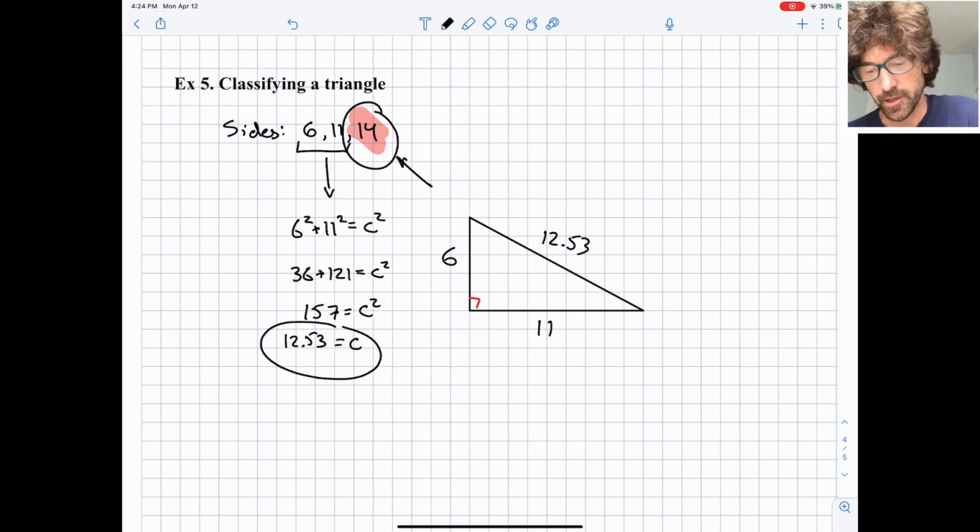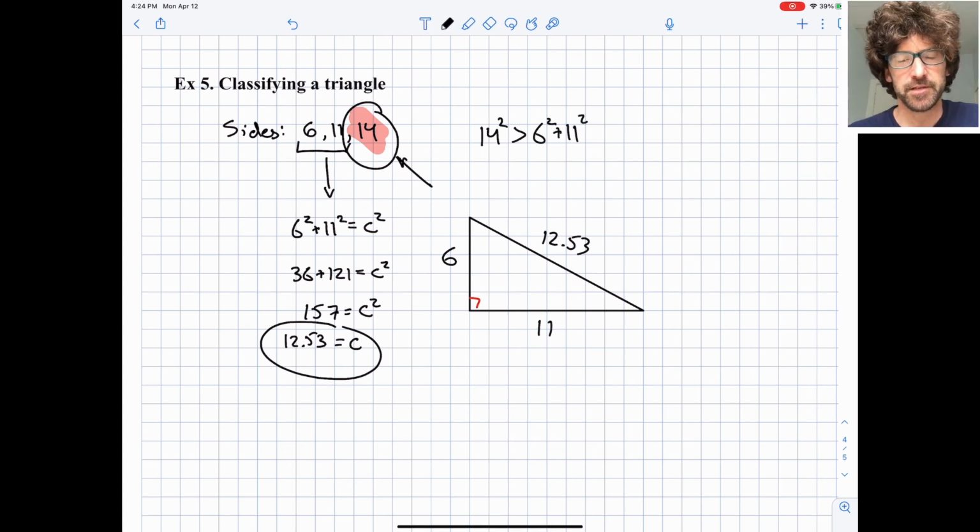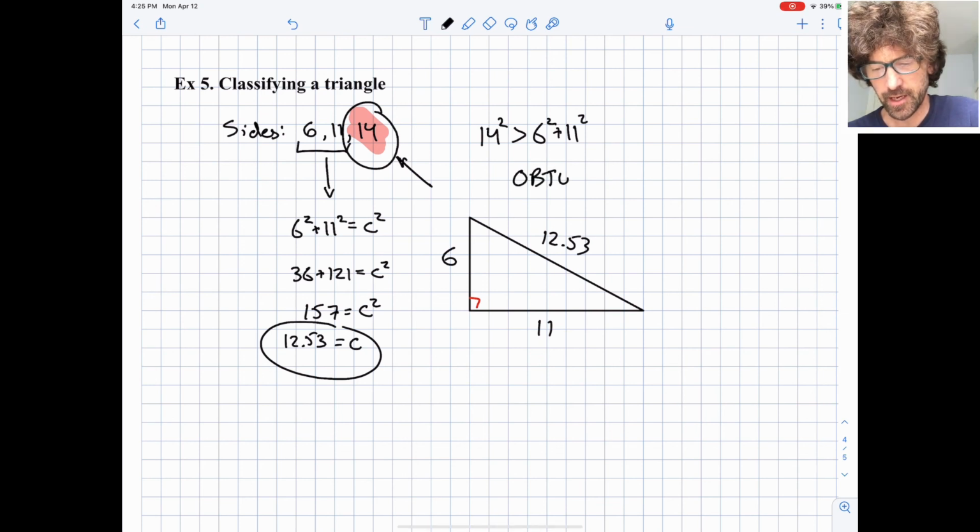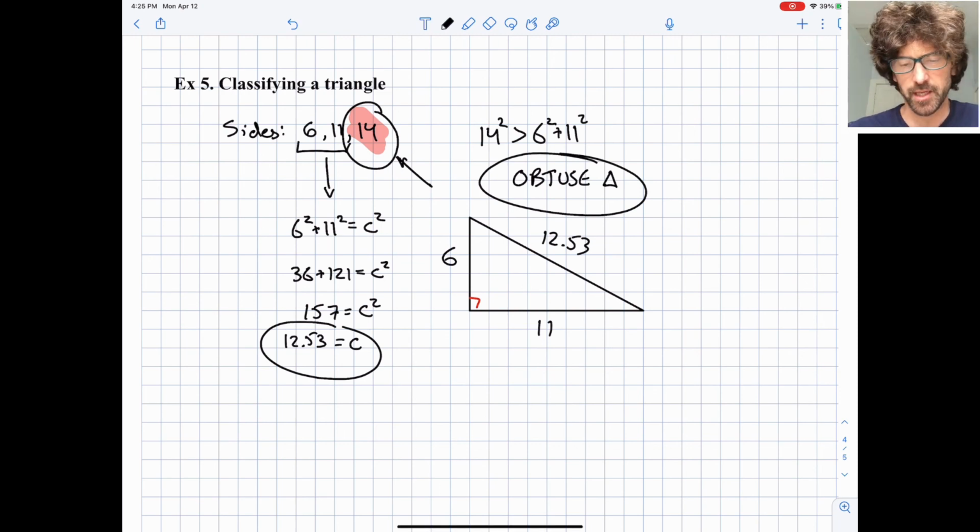So 14 squared is larger than our 6 squared plus 11 squared. And so therefore we can conclude that the legs of the triangle have been sort of pushed apart farther in order to accommodate a side of 14. So this means we're dealing with an obtuse triangle here. And that would be our solution to this problem. We have an obtuse triangle.